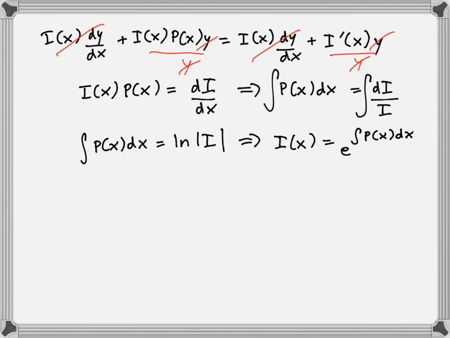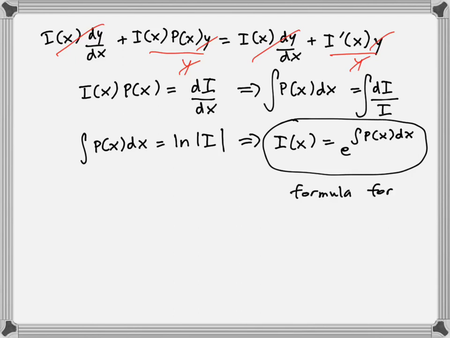And so what we have just done is we've derived the formula for the integrating factor. Okay? This is the formula for the integrating factor. Okay, so that fills out the missing piece here.